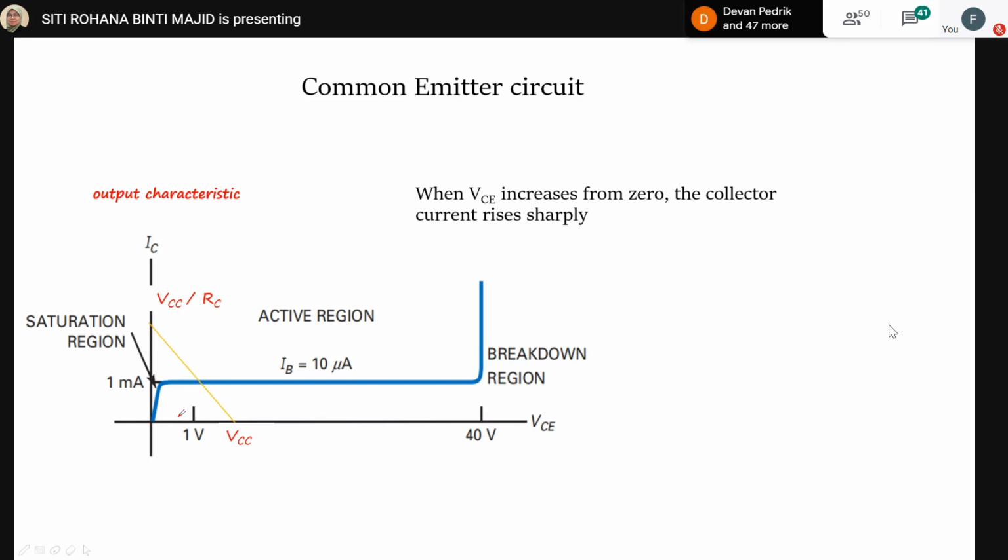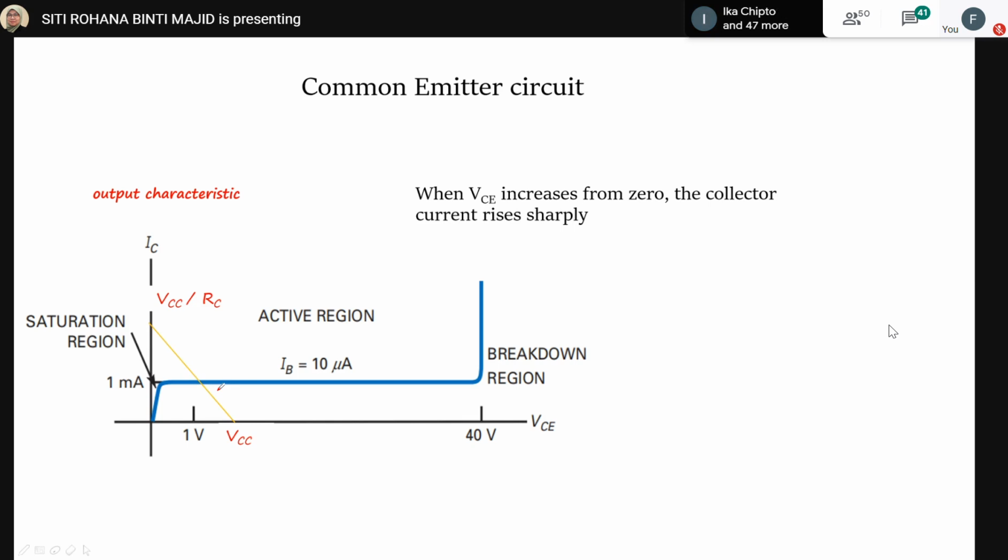Then, once the yellow line and blue line cross, there will be one point here. The cross point between blue and yellow at this particular point is called the Q point.